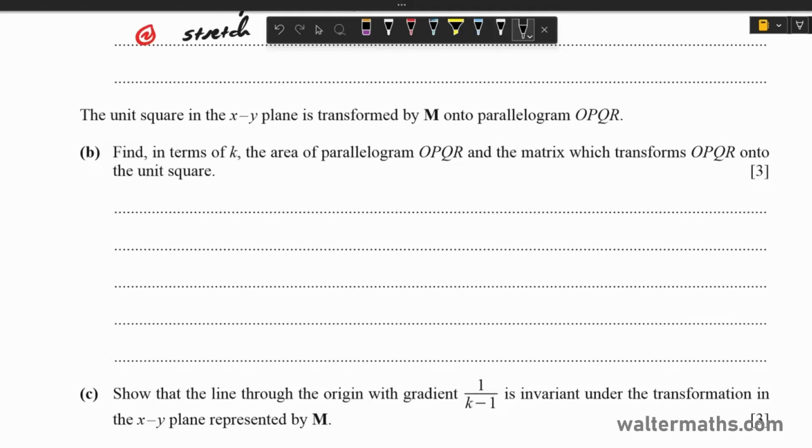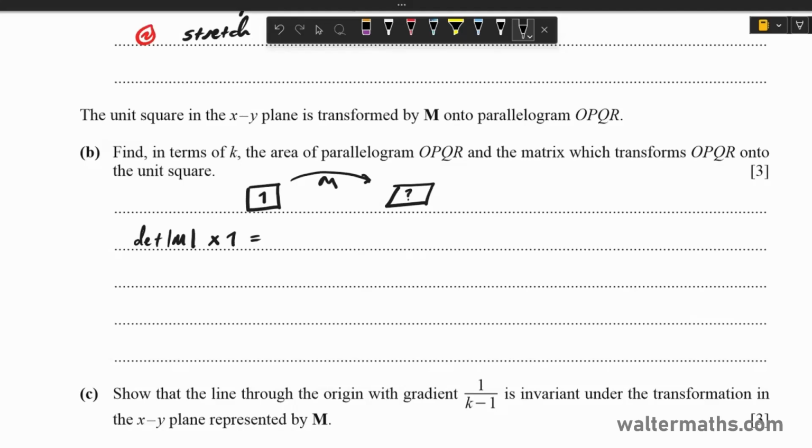All right, so from what they're saying, we have a unit square and the unit square is being transformed onto a parallelogram, and this is through the matrix M. So what we know is if we multiply the determinant of M by the area of the unit square, which we know is 1, we should get the area of the parallelogram.